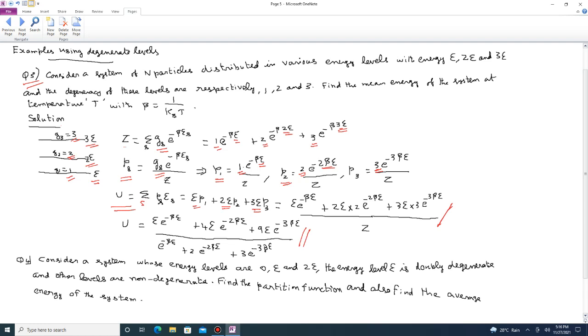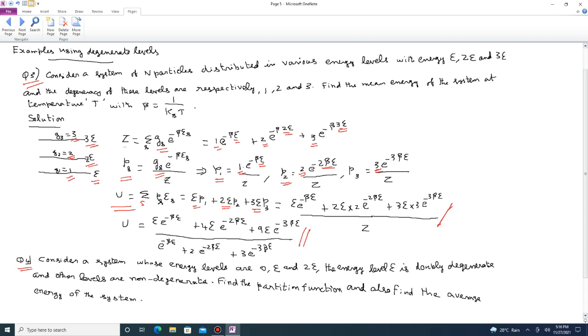So for a degenerate system, you have to use a slightly different formula so that you can calculate the mean energy of the system. Now you take another problem, problem number 4. Consider a system whose energy levels are 0, E and 2E. The energy level E is doubly degenerate and the other levels are non-degenerate.